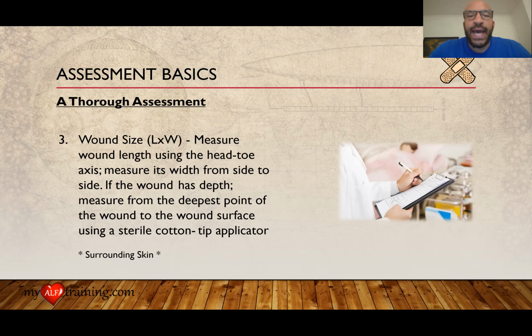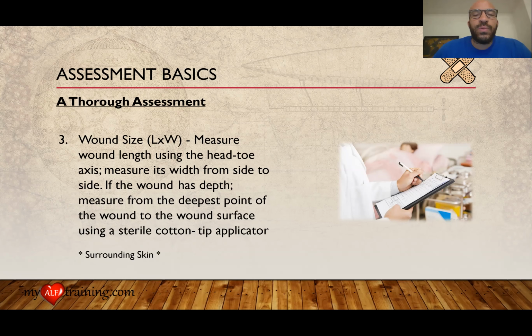We want to know exact, because that's going to let us know if our efforts have been working in decreasing the size of the wound, or if something else is going on. And despite our efforts to offload pressure and turn the patient and applying different creams or dressings to the wound, if none of that's working, then something else is going on and we need to step it up.